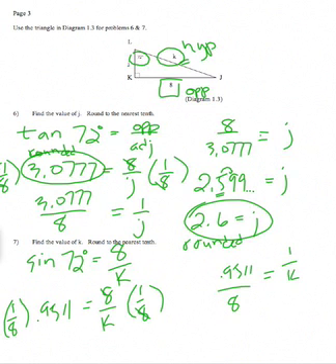Again, we're going to use the reciprocal of both sides, and you're left with 8 over 0.9511.